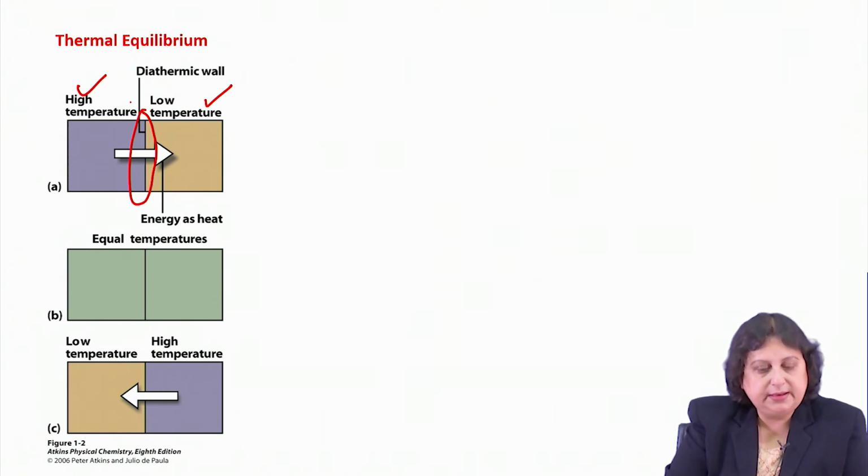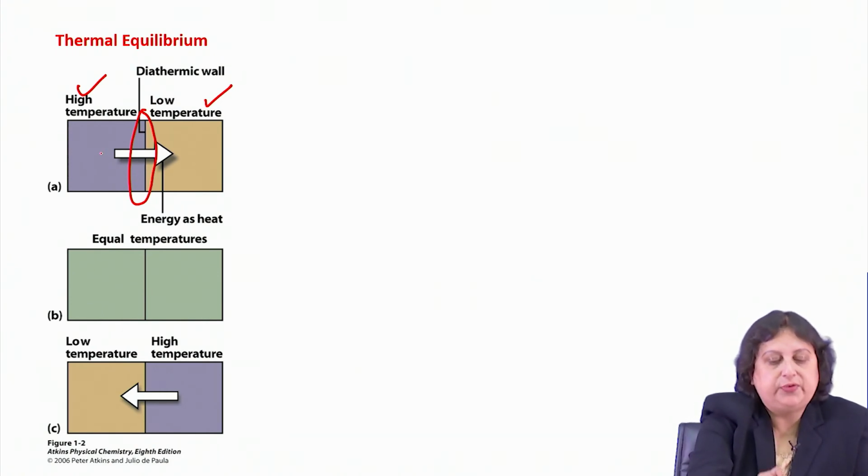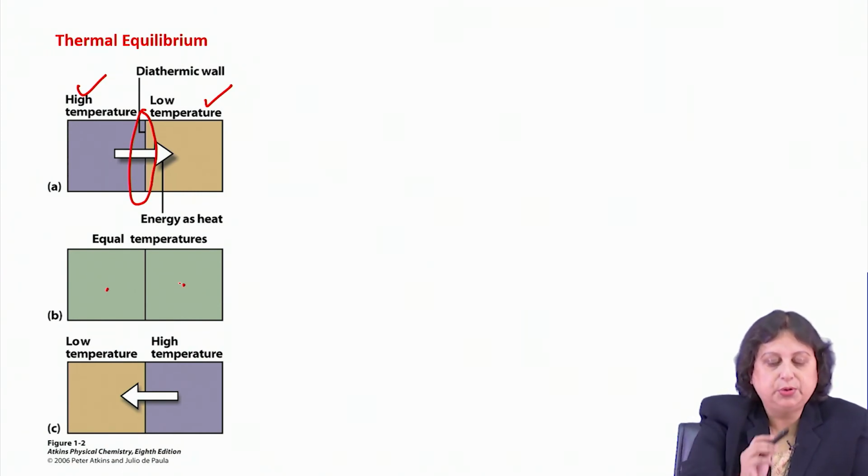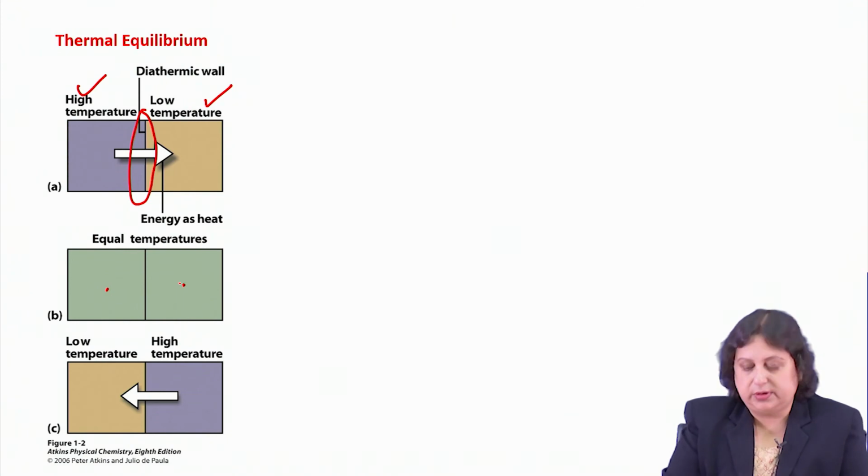What will happen then? Energy will flow from the region of high temperature to low temperature, and the final equilibrium state will be established when the temperatures in both the compartments are equal.